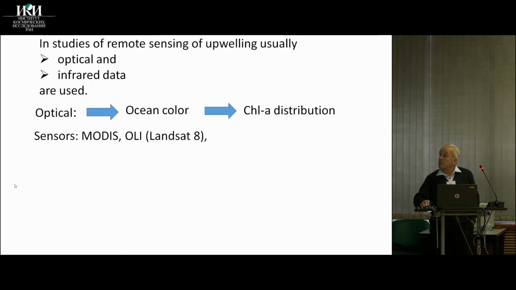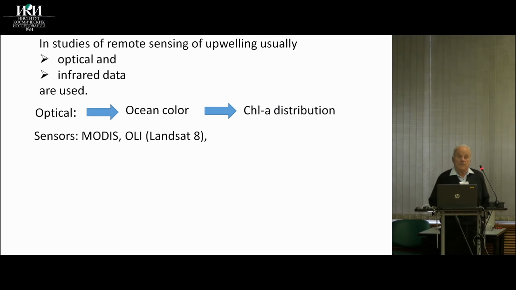Optical data give you ocean color, and from ocean color you can get the chlorophyll concentration. The sensors mostly used for this are the MODIS sensors on Aqua and Terra, but one is dead now, and the OLI on Landsat.